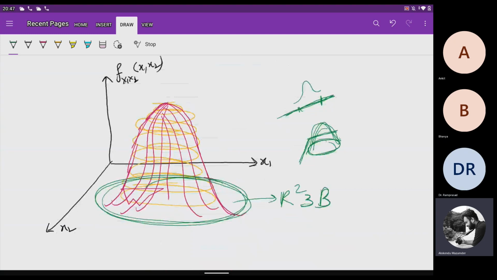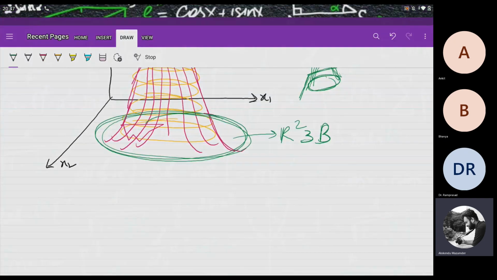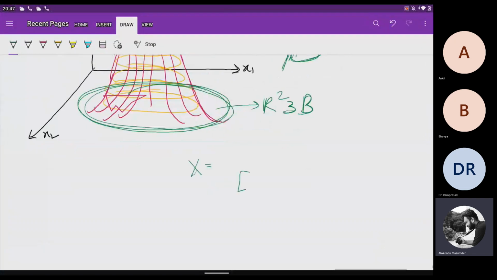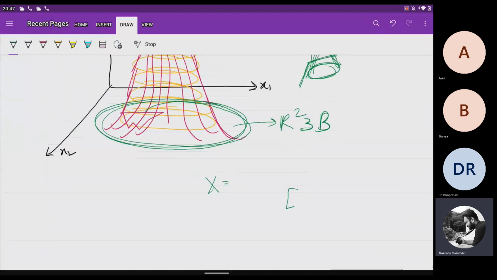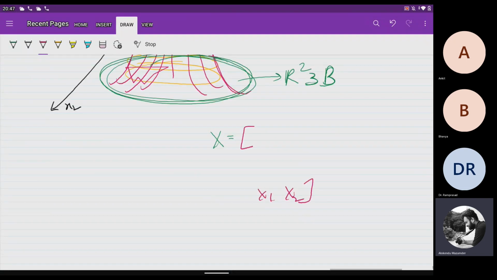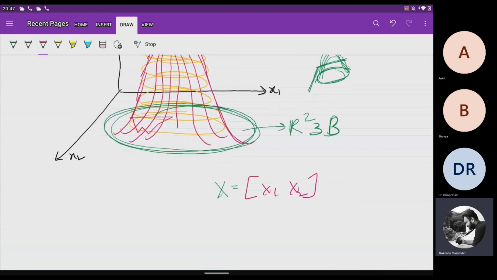No, sir. In the two-dimensional case, we denoted x as x1 and x2, but we will generalize this for n random variables. So let's say x is a random vector consisting of n random variables.